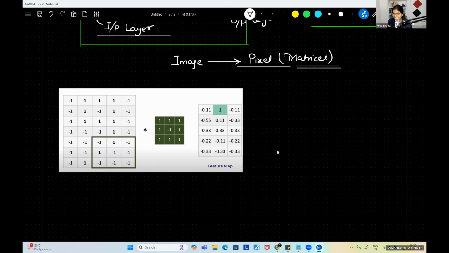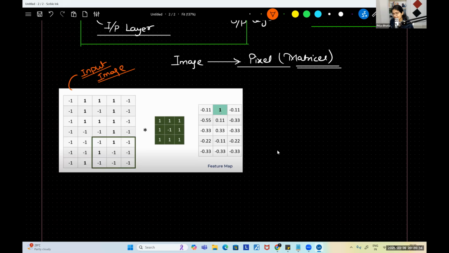So this specific image, which you can see on the left end of the screen, is what we call an input image. And this is actually an input image of 9.